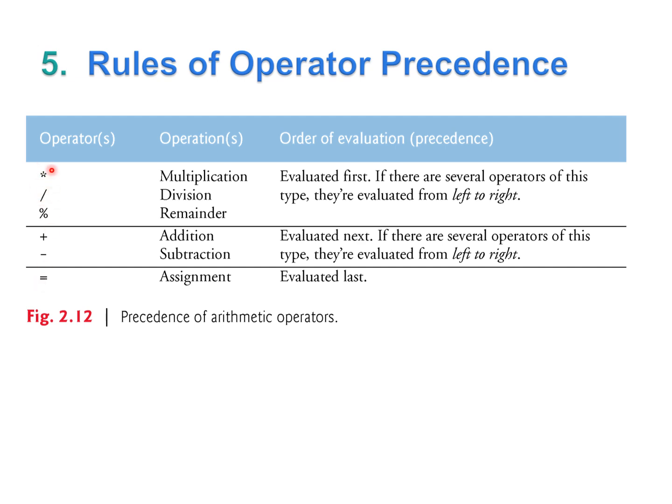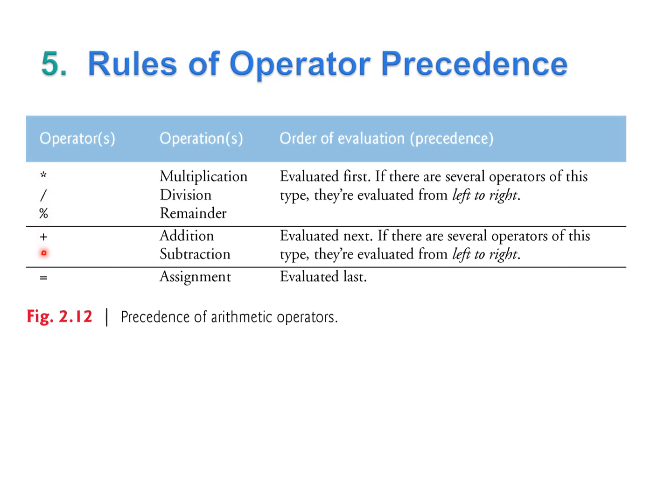Multiplication, division, and the remainder operators are applied first. If an expression contains several such operations, they are applied from left to right. Multiplication, division, and remainder operators have the same level of precedence.